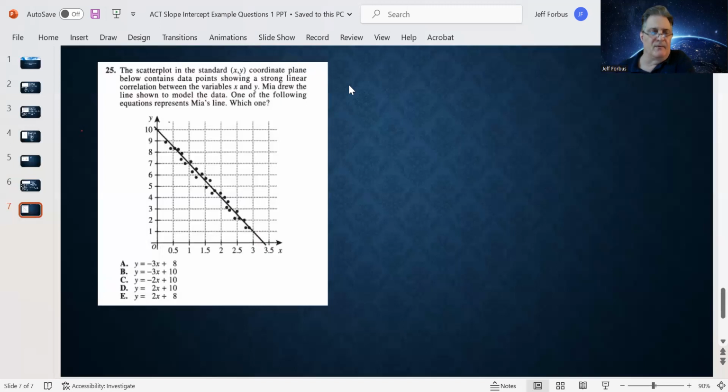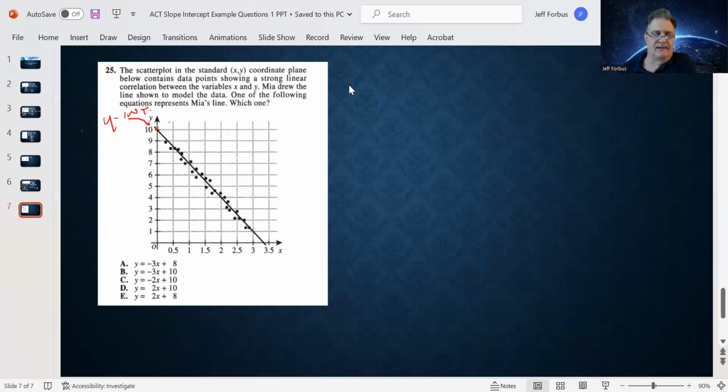Now, immediately we see that the y-intercept is 10. I'm just going to read that as y-int. So that gets rid of A and E immediately, and that leaves B, C, and D.